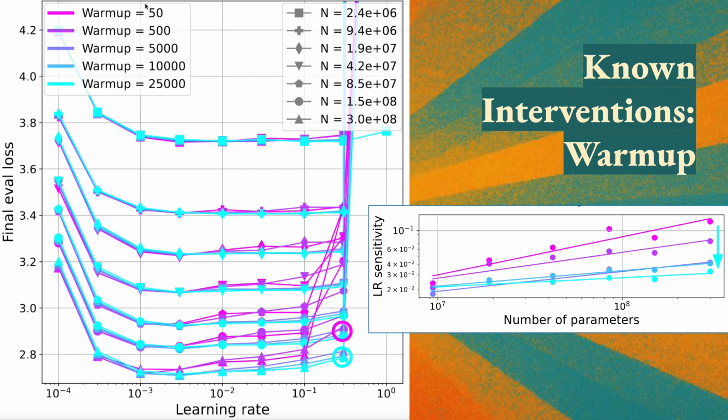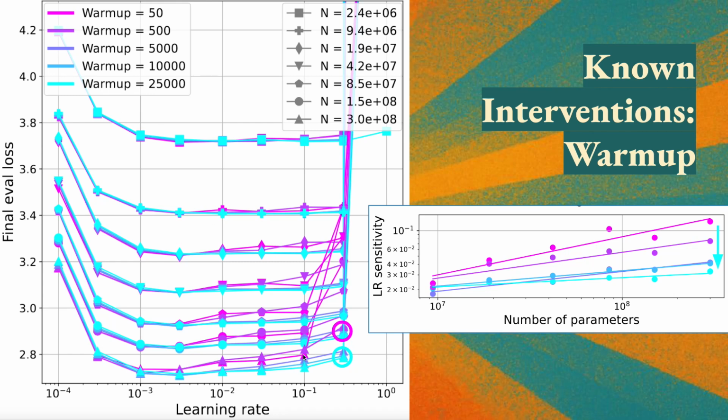So the pink line here is a warm-up of 50 steps. The blue lines are a warm-up of 25,000 steps. The main thing in the LR sensitivity chart is that as the number of parameters increase, having a larger number of warm-up steps reduces the LR sensitivity by an order of magnitude. So that's really positive. It's a little busy in the chart, but down here in the blue circle that I've highlighted, we have our warm-up of 25,000.